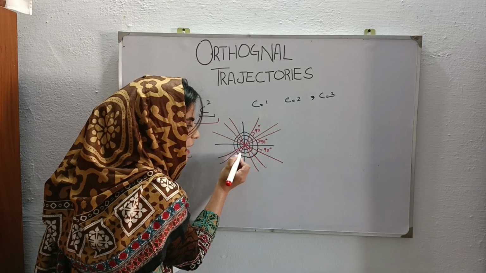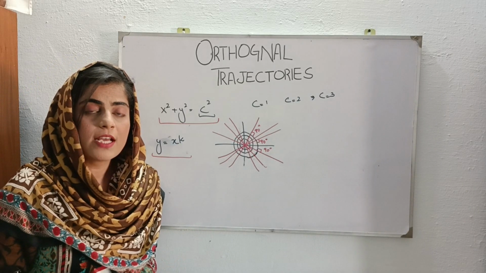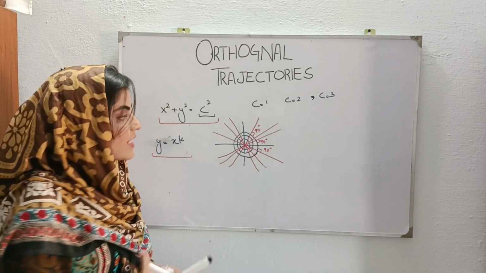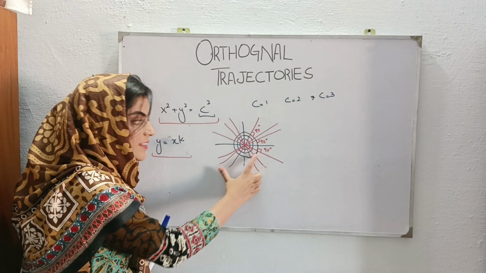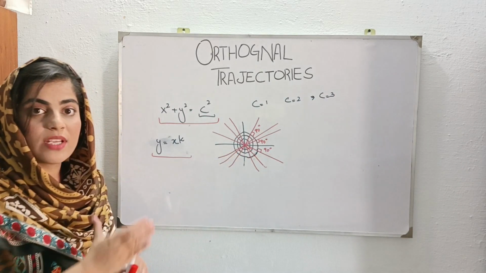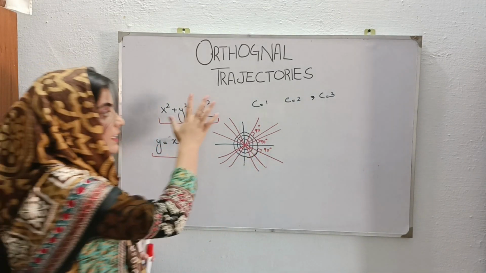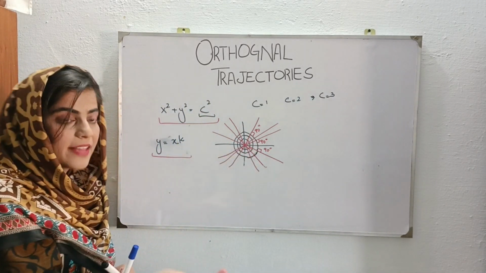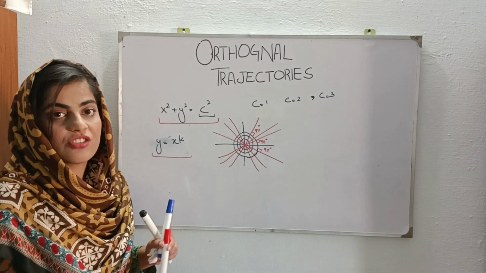Here the angle is also 90. Here the angle is also 90. So dear fellows, whenever two curves intersect in such a way that at the point of intersection the angle between them is 90 degrees, then we will say that the curves are the orthogonal trajectories of each other.